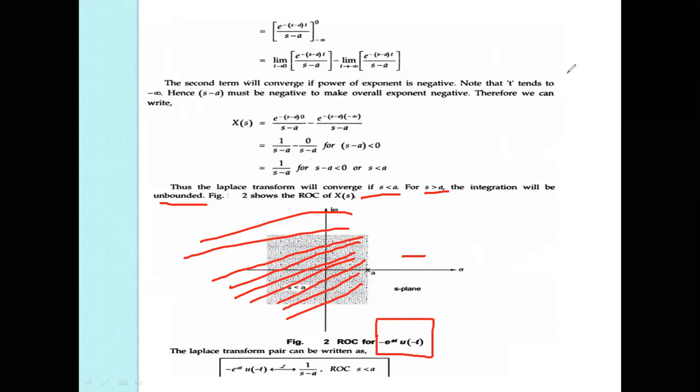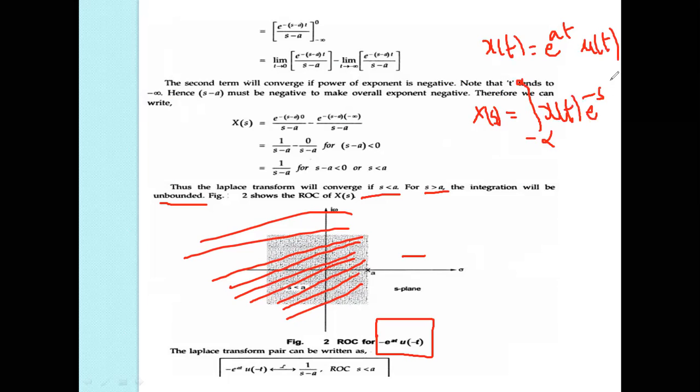What is the ROC? The difference here: now I'm taking x of t equal to e power a t mu of t. X of s is equal to the integral from minus infinity to infinity of x of t e power minus st dt. Here, this is mu of t.